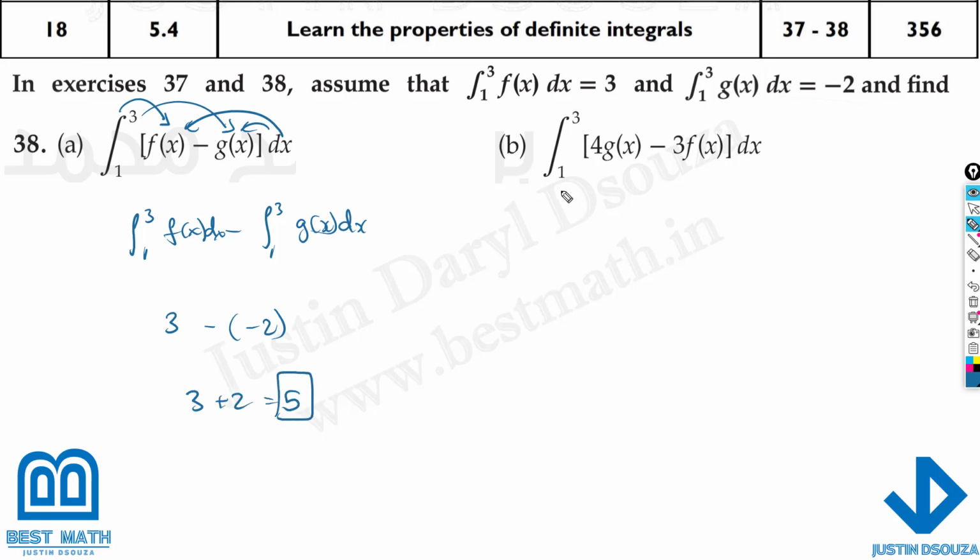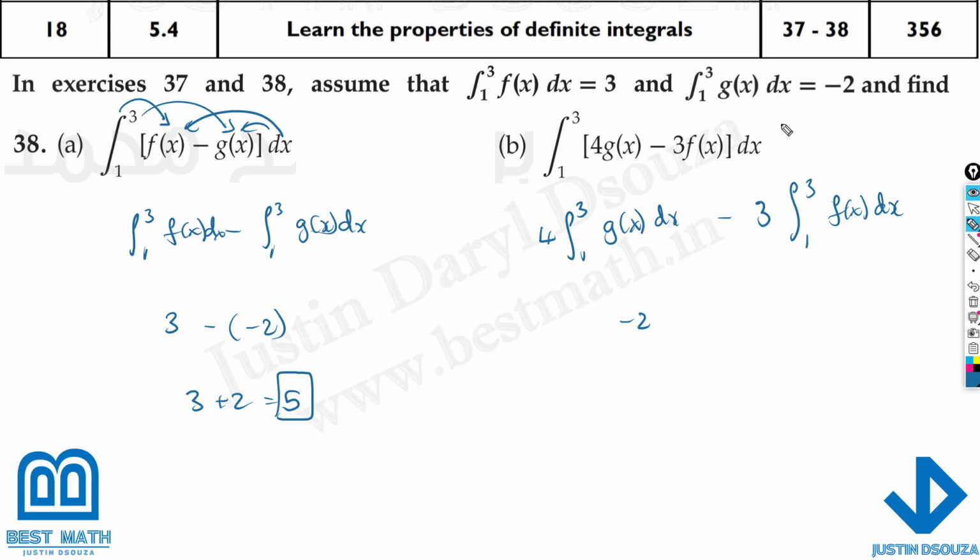And for the last problem here, integral 1, 3, I can directly write 4 outside because that's the coefficient term. g of x dx minus 3 outside integral 1 to 3 f of x dx. Now what is g of x? It is given as minus 2. So now don't be confused. Don't think, okay, this was the first one.